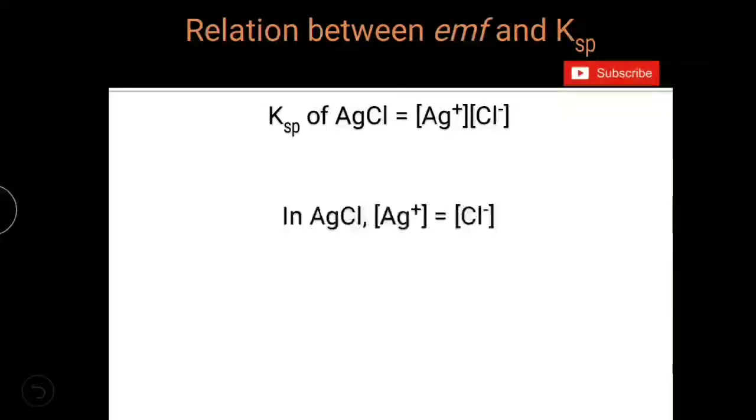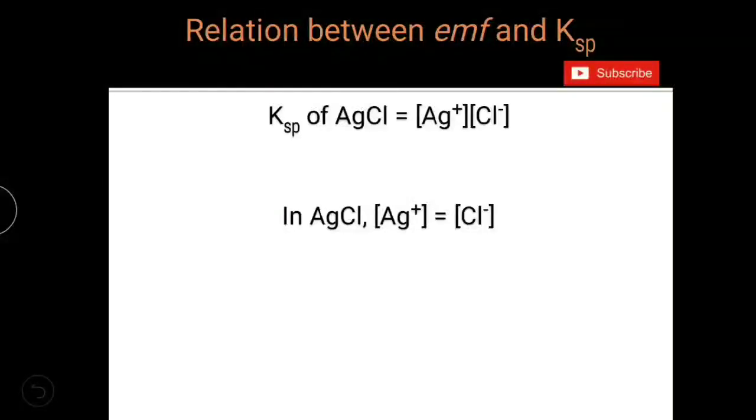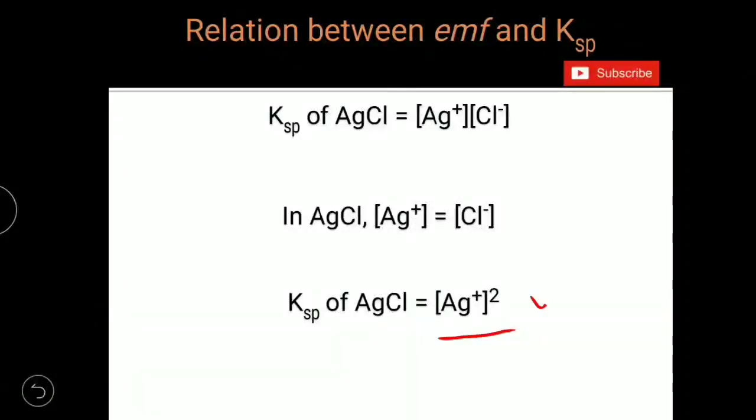And in AgCl, silver ion concentration and chloride ion concentration are in 1:1 ratio, they are equal. So Ksp of AgCl will be equal to Ag plus concentration squared. So after getting the silver ion concentration in the anode, which has the sparingly soluble salt, the square of that silver ion concentration will give you Ksp of AgCl.